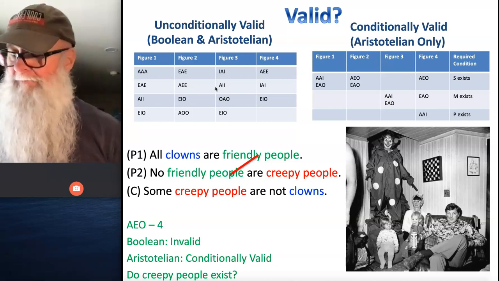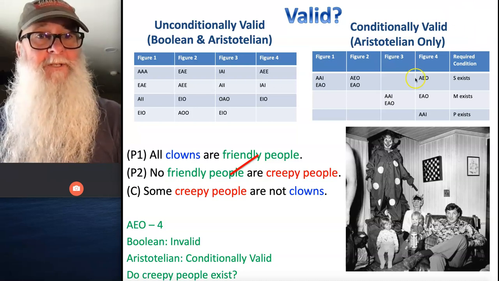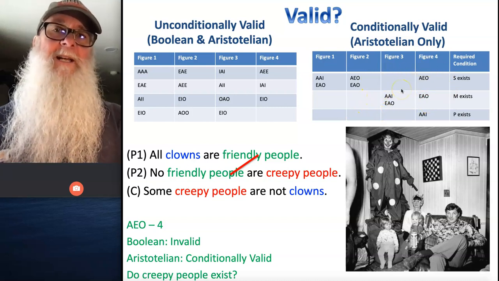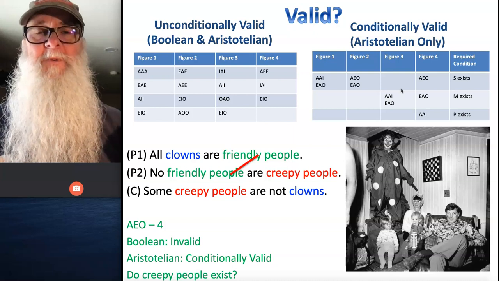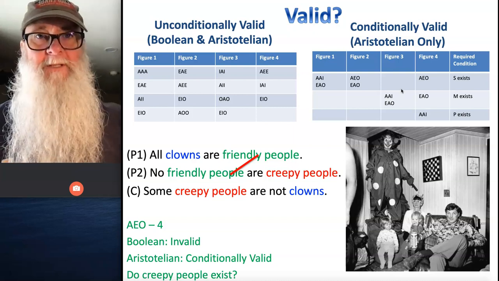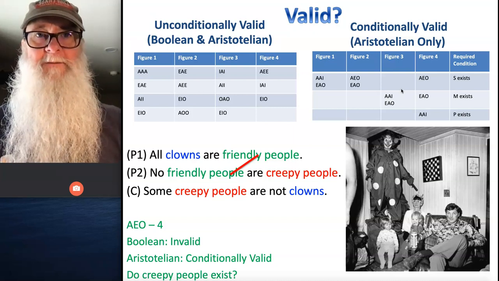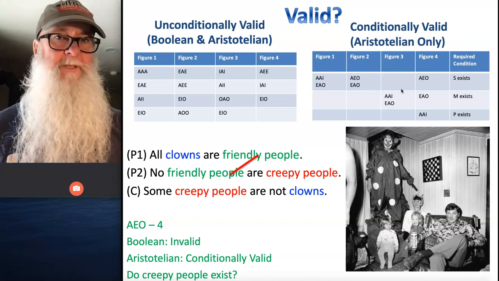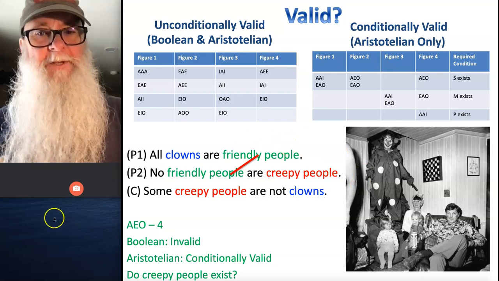You might think about it that way. The other thing you'll notice is on this inventory, every single argument has a similar feature. Every single one has 2 universal premises and a particular conclusion. All right? And so we'll talk more about this as we dig deeper back into the Boolean versus Aristotelian standpoints. But just kind of make a mental note of that for now.